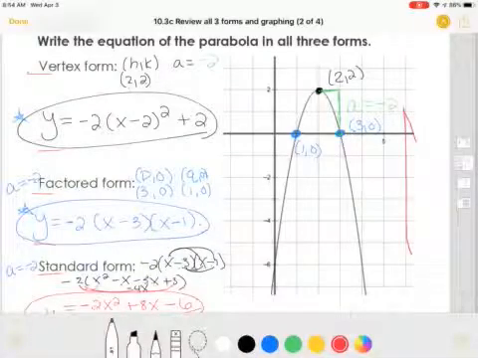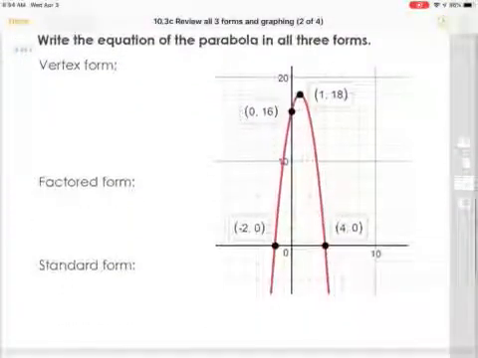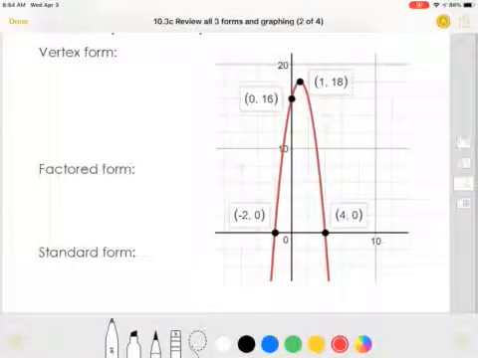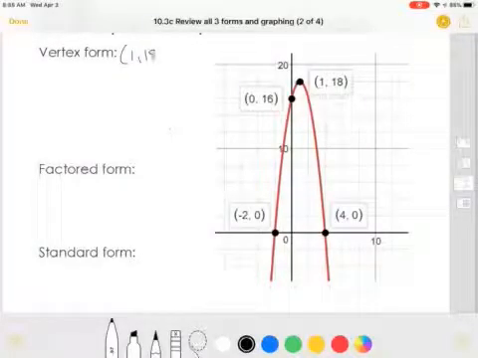Let's take a look at one more, actually. Same type of thing, we want to write these three forms. This would be a good time to pause the video and see if you can do this by yourself. You do need to remember all three of these forms. For vertex form, you just need your vertex and your a value.